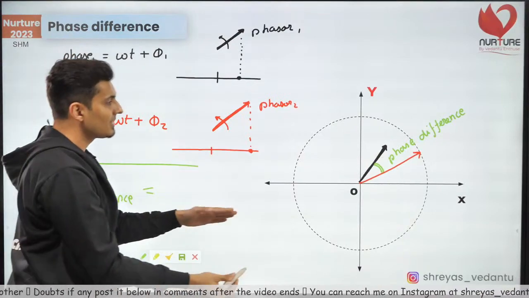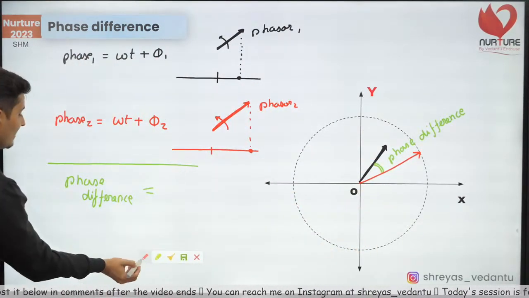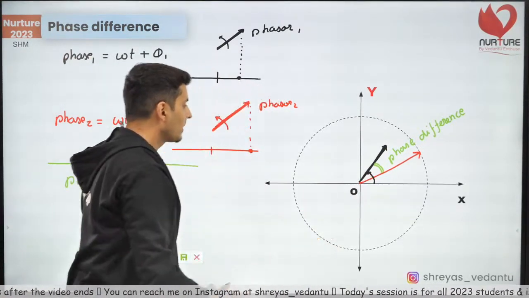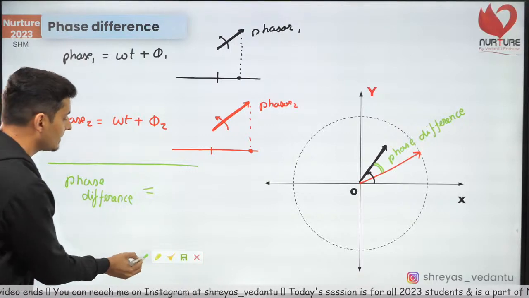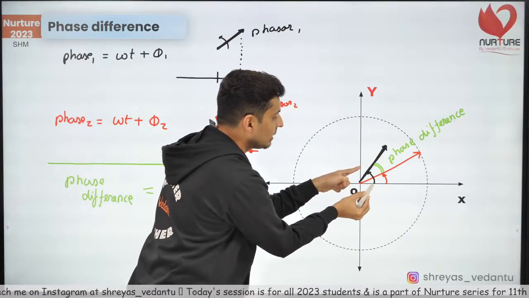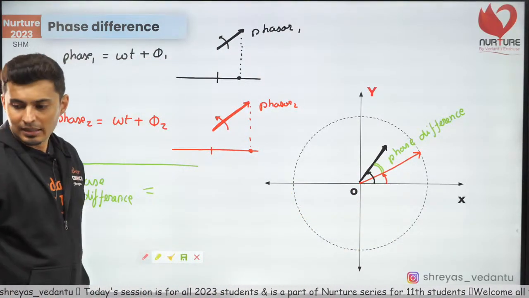This minus this, the whole angle minus this angle. Do you guys get it? Because if I talk about phase of 1, it is this entire angle. If I talk about phase of 2, it is this angle. So when I ask you this green angle, it will be this big angle minus the small angle. Can you see that? Everyone?